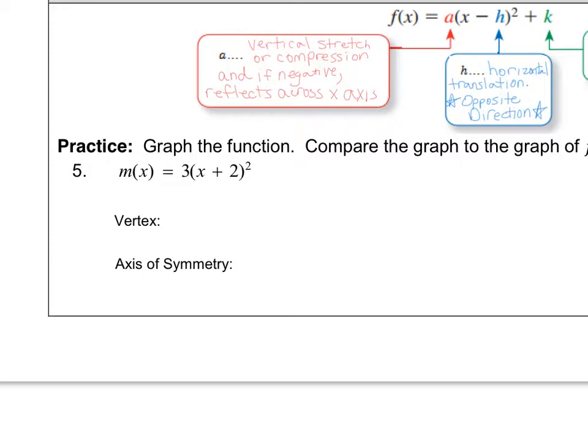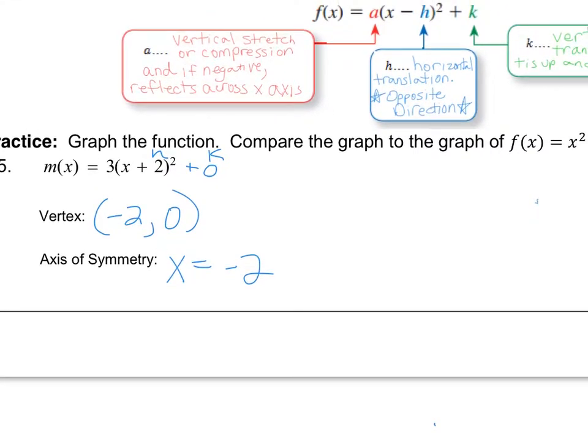To figure out my vertex, I'm going to say H, and then I have plus 0, K. So my vertex, X always lies, so the opposite of positive 2 is negative 2, comma 0. So I have my vertex, and by definition, I know my axis of symmetry is the X value of my vertex. So let's see how this looks on my graph.